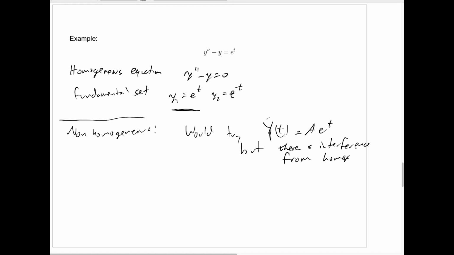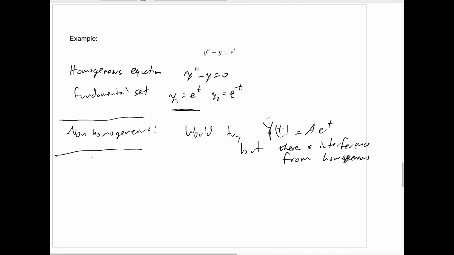If you remember from all the earlier examples, there was no such interference. The thing that we used to try to find a solution to the non-homogeneous equation was not a solution to our homogeneous equation, and everything worked out fine. So here's the question: what do we do when we have such interference? The general rule of thumb is the following.